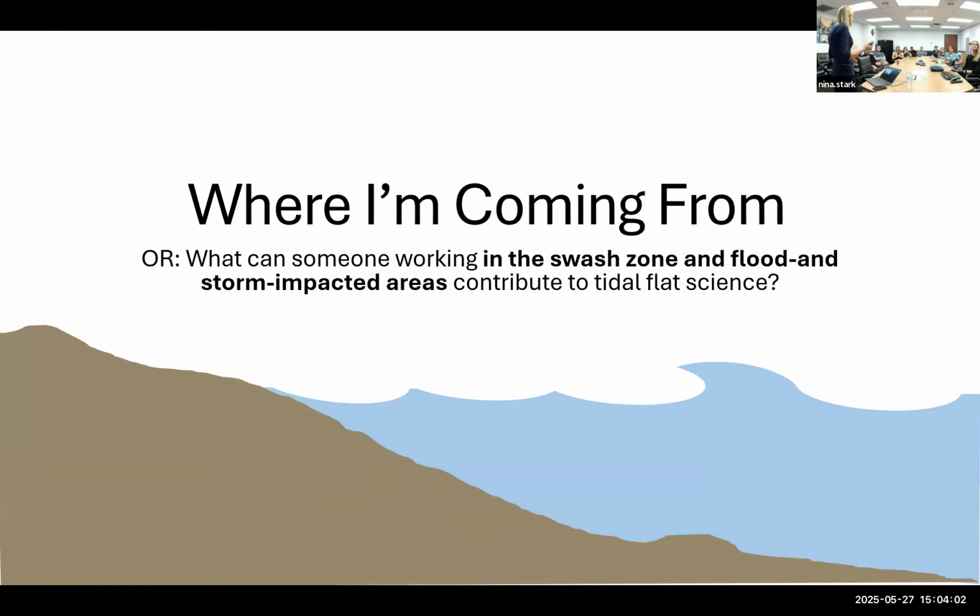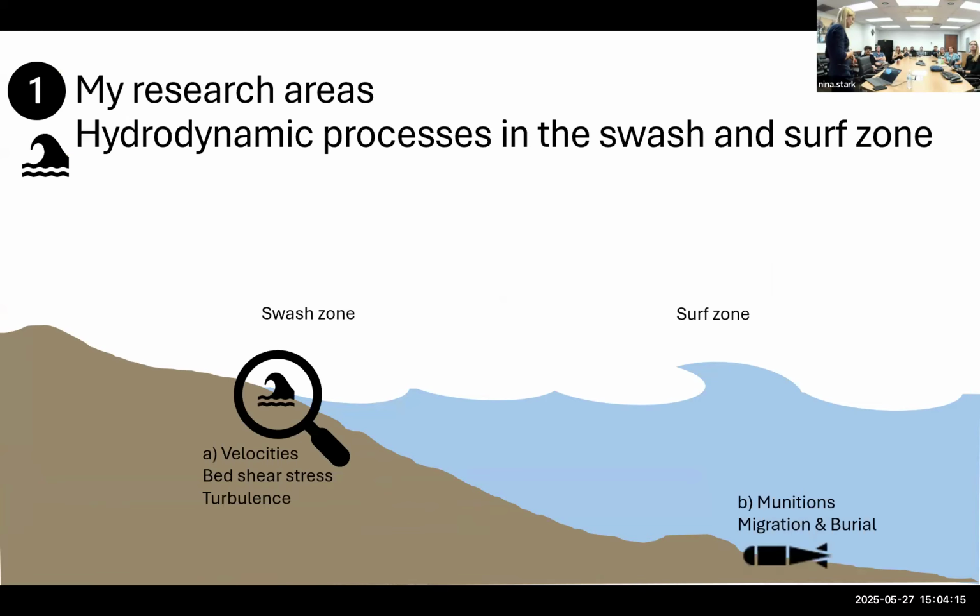So let's start with where I'm coming from, or we could also ask: what can someone working in the swash zone and in flood and storm impacted areas contribute to tidal flat research? The first main research area focuses on hydrodynamic processes in the swash and surf zone.